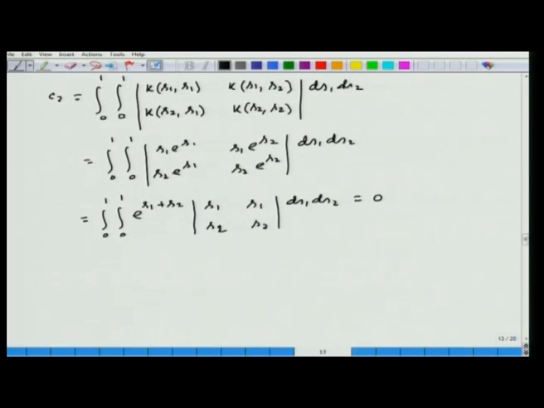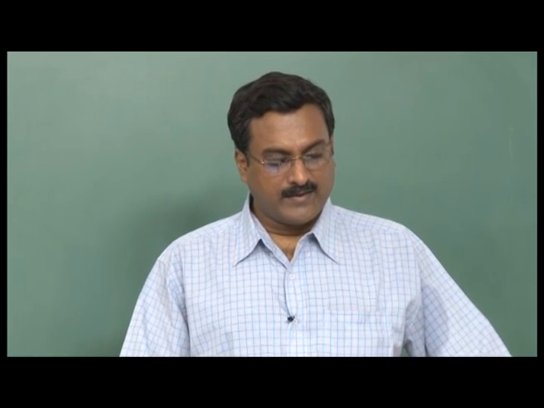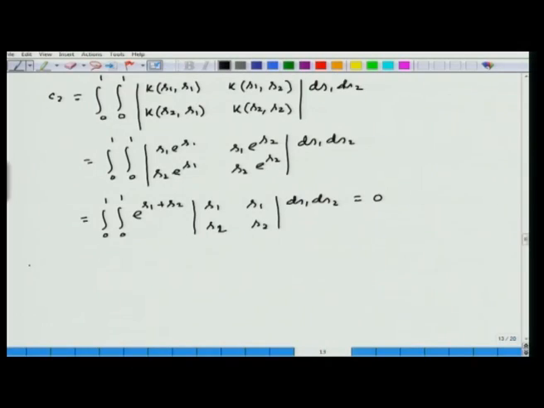Now, in order to understand why the rest of the expressions for B3 and onwards will be equal to 0, we can just have a look at the expression for B2 x. If we look at the expression for B2 x comma s, this will be double integral 0 to 1 a third order determinant. I am not writing that is k x comma s, I am directly substituting their expressions.